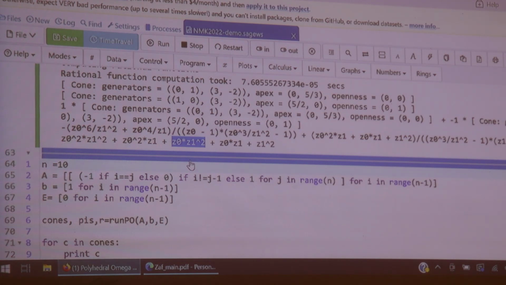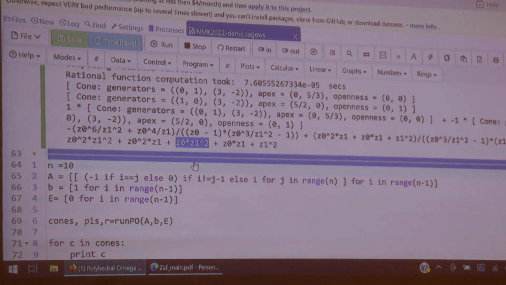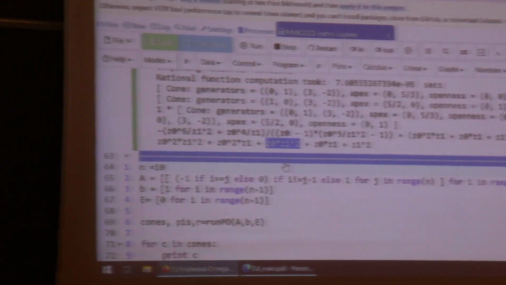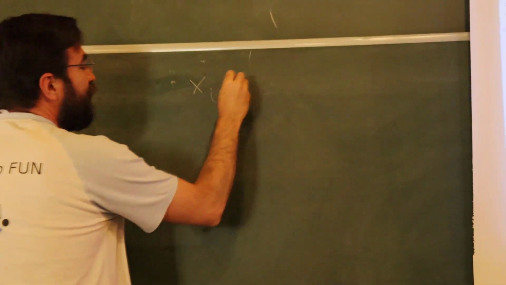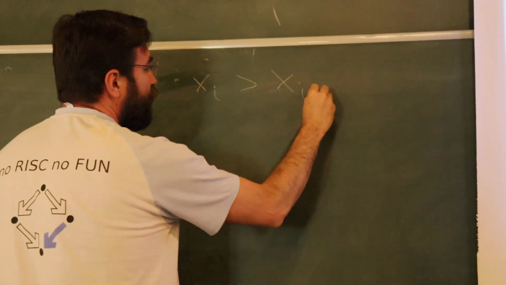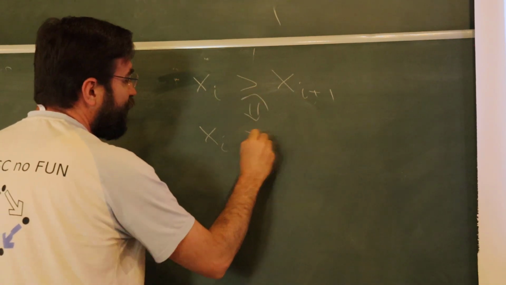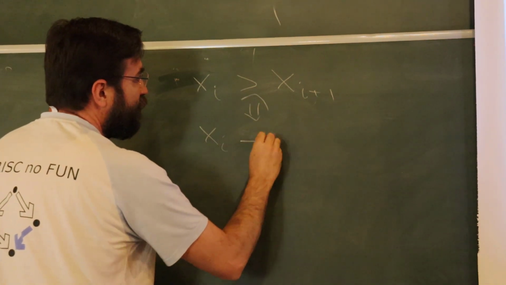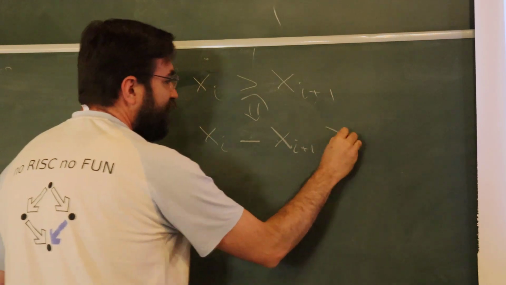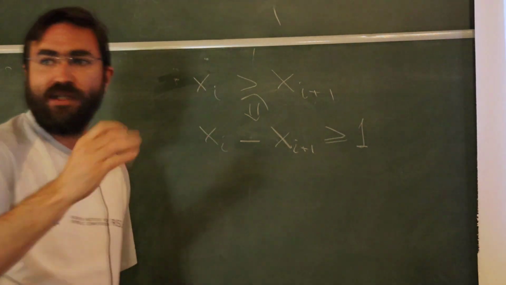Okay, partitions in distinct parts. How do we do that? We discussed it, right? Okay, so xi has to be strictly greater than xi plus 1, which also means xi minus xi plus 1 is greater or equal than 1, right?